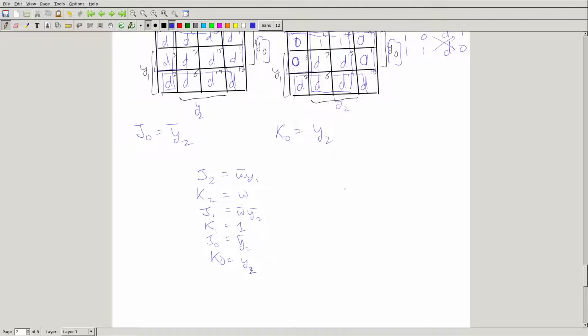So how does the circuit for this look like?